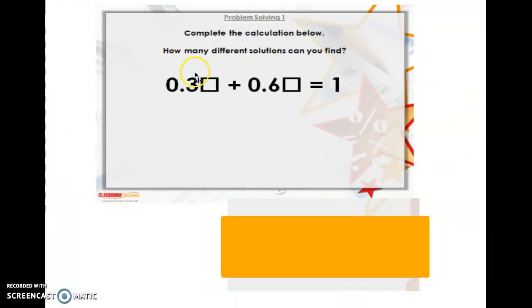So look at here. Using the number bond knowledge, we can write this as 0.31 plus 0.69 equals 1. So you can use your number bond knowledge. Here you can write.